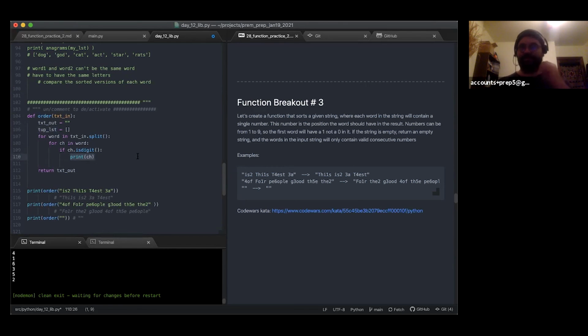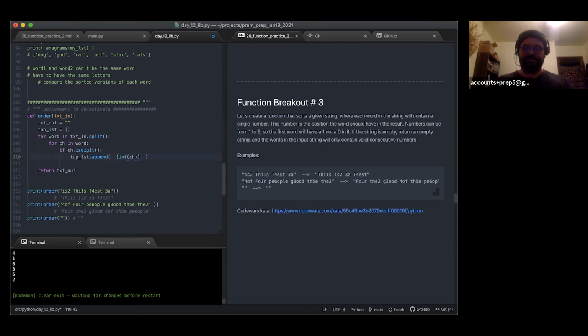My list of tuples. So if ch is a digit, I want to tup list dot append my tuple. And I'll give us some space so it's clear where the tuple begins and ends and where the parentheses for append begin and end, right? So my tuple is going to be int of ch.